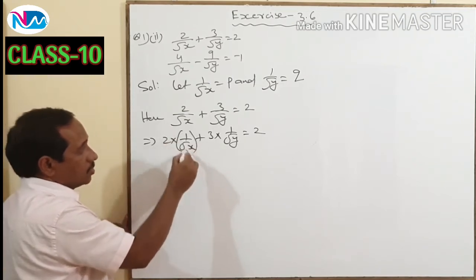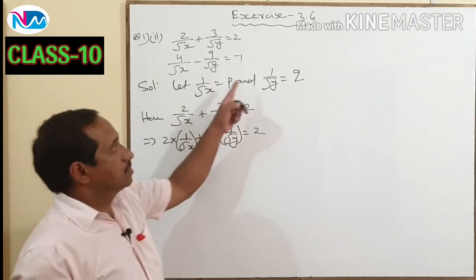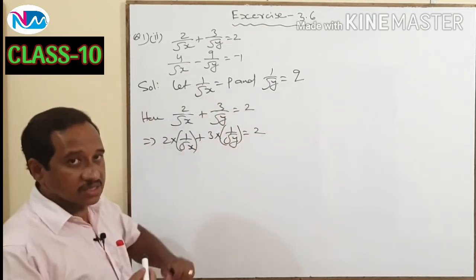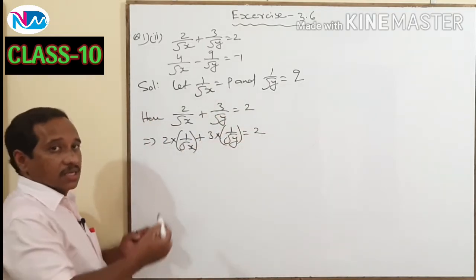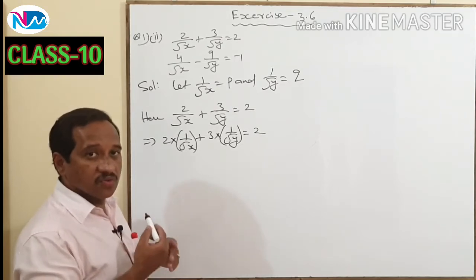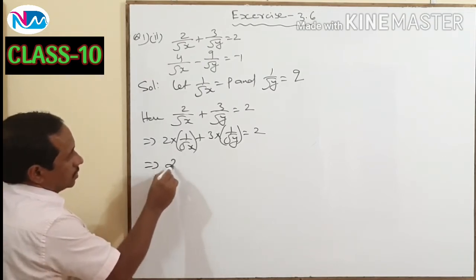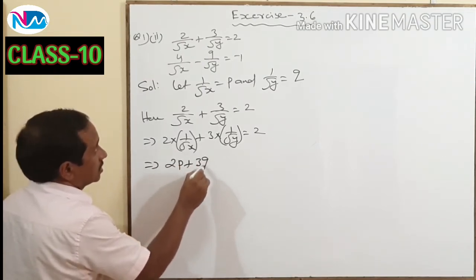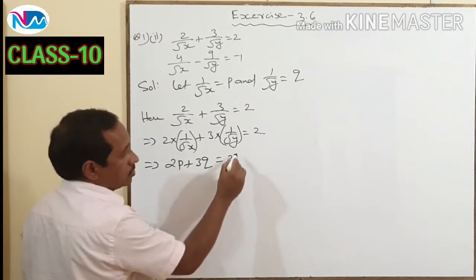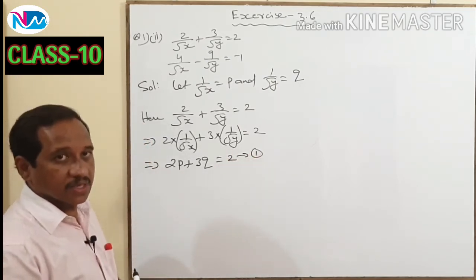Here 1 by root x and 1 by root y will be replaced with p and q. As a result, we will get the linear equation in two variables in the standard form, but the variables will be p and q. That gives 2p plus 3q is equal to 2, and I give this equation number 1.